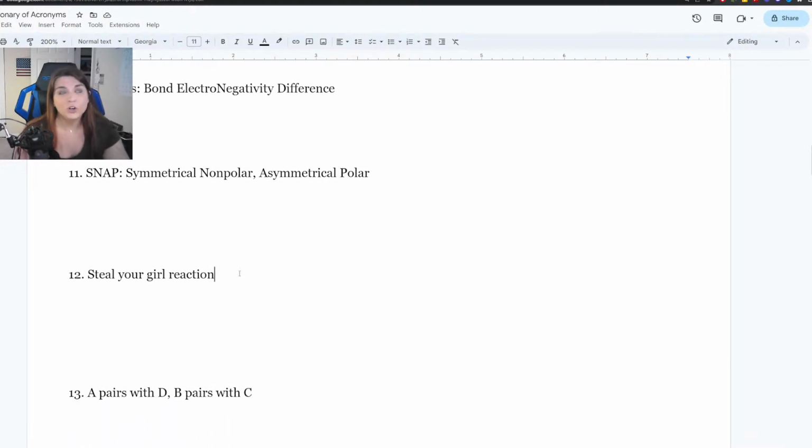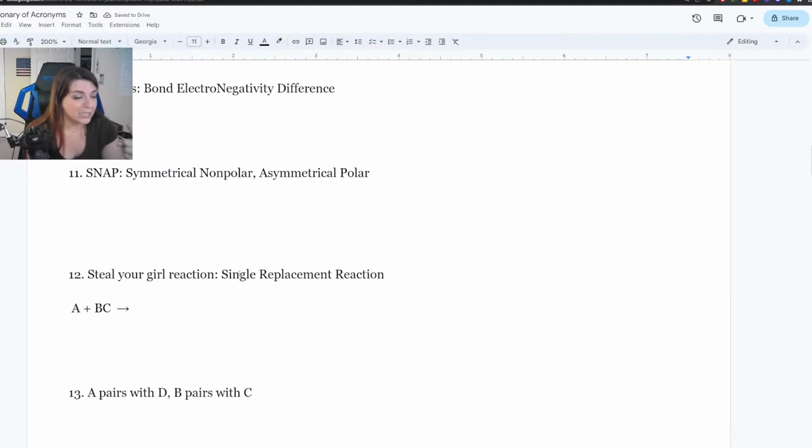The steal your girl reaction is a silly thing that my students say, but really it's referencing the single replacement reaction, where you would have something like A is trying to have a reaction, and you have BC there.